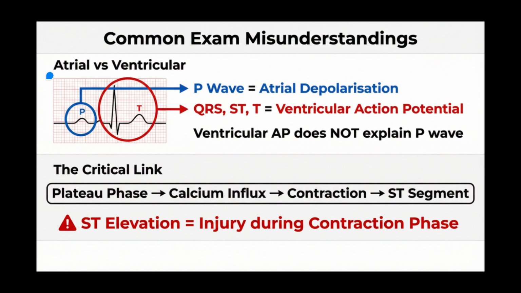Another common source of confusion is the plateau phase. During the plateau phase, calcium enters the ventricular cell. This calcium entry triggers contraction of the ventricular muscle. On the electrocardiogram, this period corresponds to the ST segment. So when you see the ST segment, think of active ventricular contraction occurring during the plateau phase.